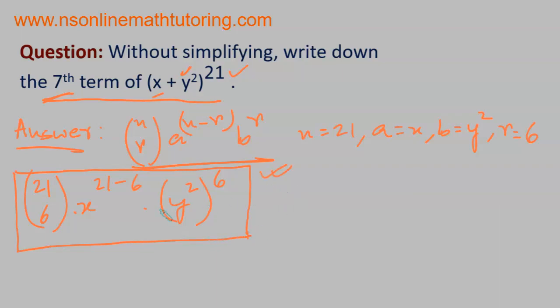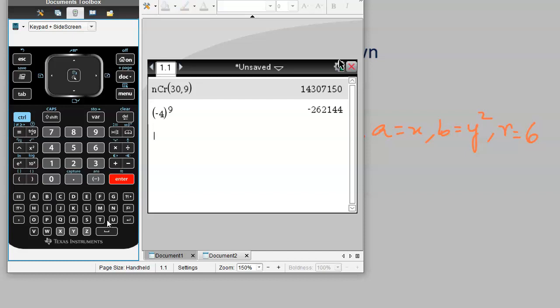Again, if you want me to give the simplified form of the answer, then we have to use the calculator. First of all, we have to get the value of 21c6. So it is nCr, 21, 6, 54264.